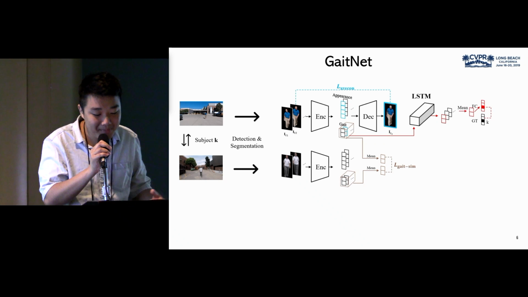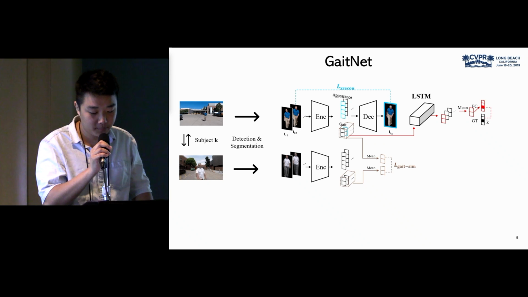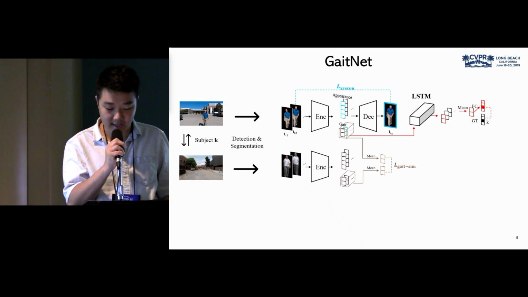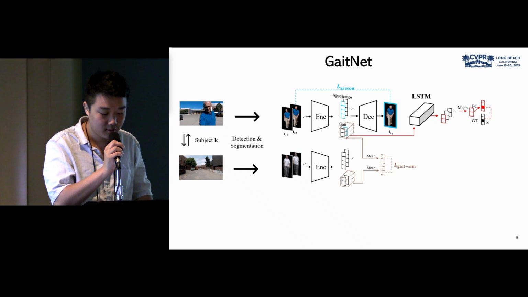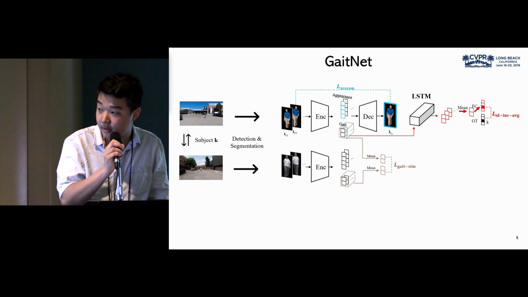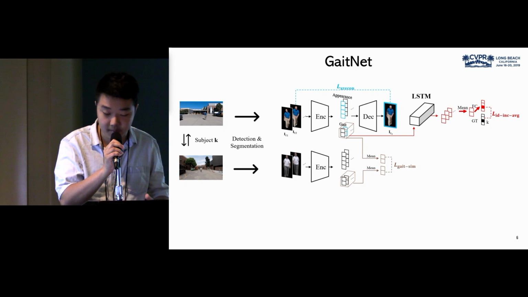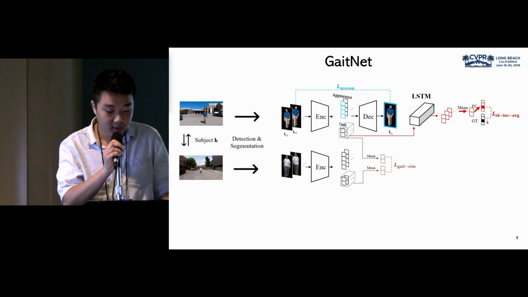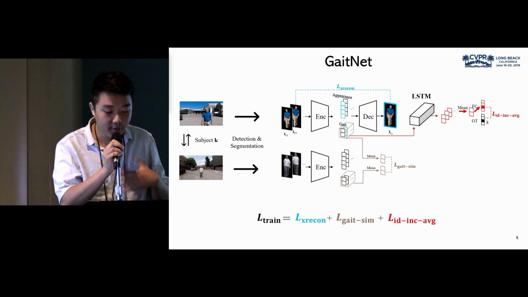Then we incrementally calculate the cross entropy loss between the average hidden variable and the ground truth. For example, here we calculate the loss on the average of 2 features, 3 features, until all of them. Then finally, we jointly minimize all the 3 loss functions with the gradient descent method.